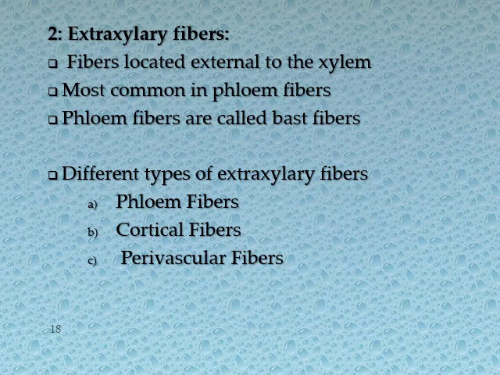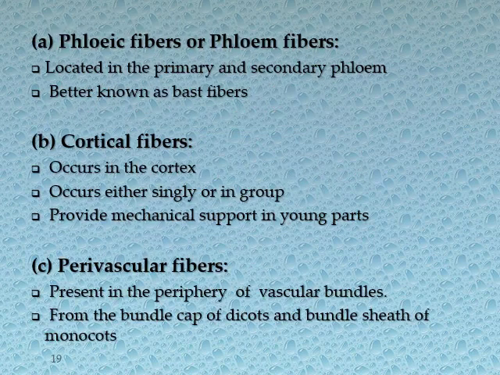Number one, we have phloem fibers, then we have cortical fibers, and then we have perivascular fibers. So here we have the first type of extraxylary fiber, that is phloem fibers. These fibers are found in phloem of vascular bundles, or they are located in the primary and secondary phloem. These are better known as bast fibers.